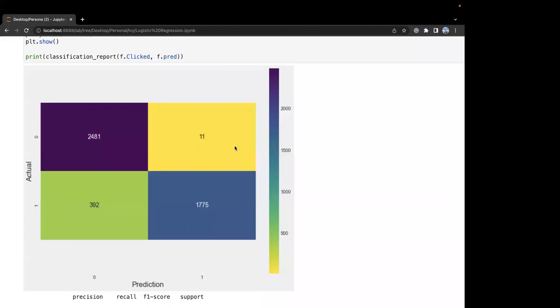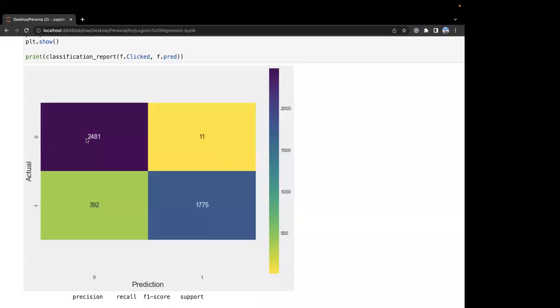The sum of this box has to be constant, yes or no? Yeah. Because that is the total number of predictions. Because the sum of this box has to be constant, if I reduce false positives, the value has to increase somewhere. Yes. Right? So more often than not, that value will split itself into these three.